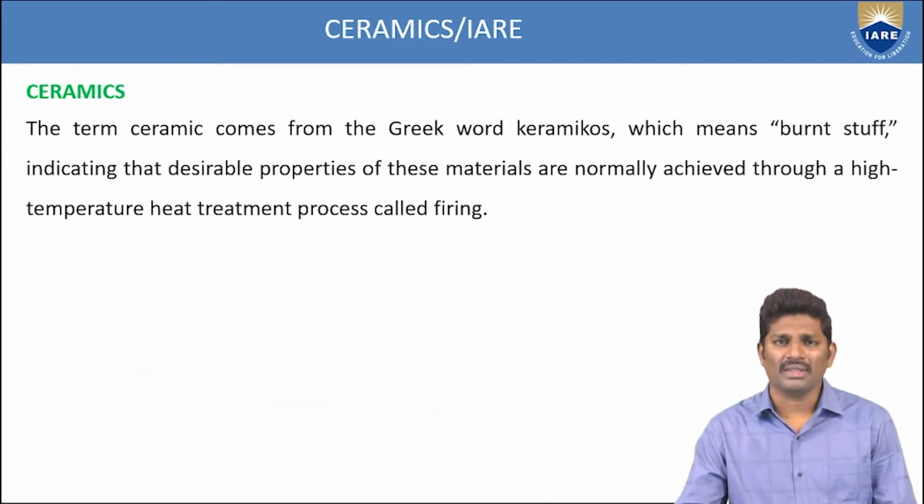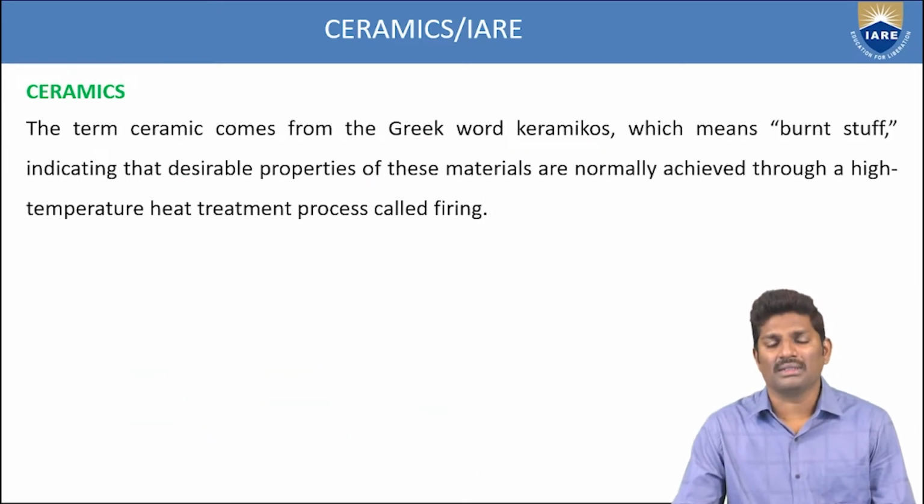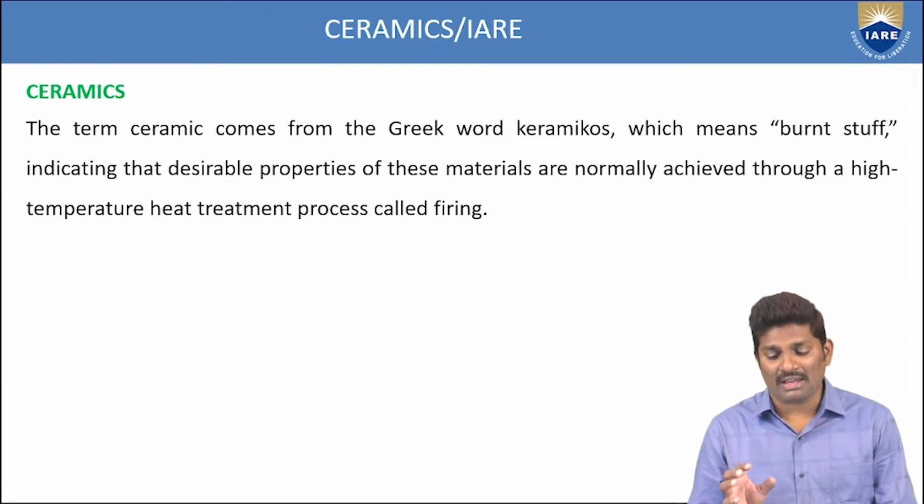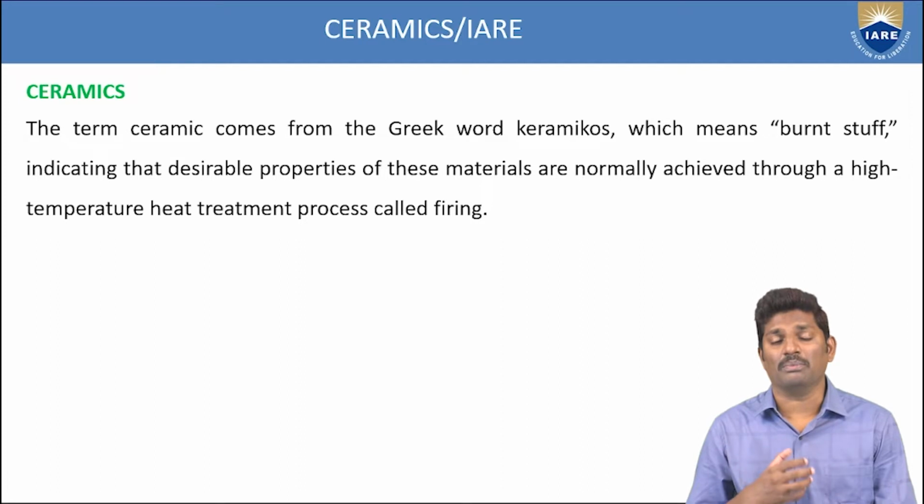Now, where did this term ceramic come from? This ceramic comes from the Greek word keramikos. Keramikos is the Greek word which describes the ceramics. So keramikos means burnt stuff. That means you're trying to burn the material. Whatever material we're trying to manufacture, first of all, we have to do the heat treatment process.